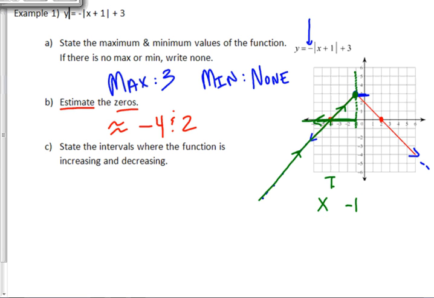When your values are less than -1, and it's your x values, this is your x-axis, these are all those values, and they're to the left of -1. So all those values that are less than -1 will be on the increase of the graph.